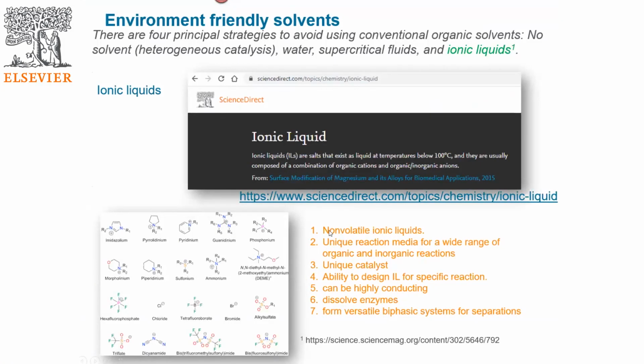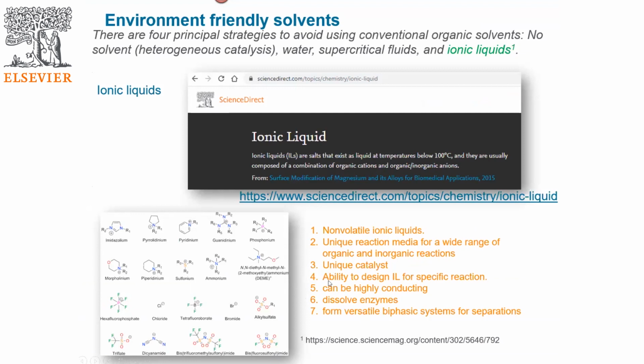Ionic liquids are fully non-volatile. They can be used as unique reaction media for a wide range of organic or even inorganic reactions. And because of the variety of anions and cations, you can adjust solubility for your particular reaction. This can give you the opportunity to use them by themselves as a catalyst.